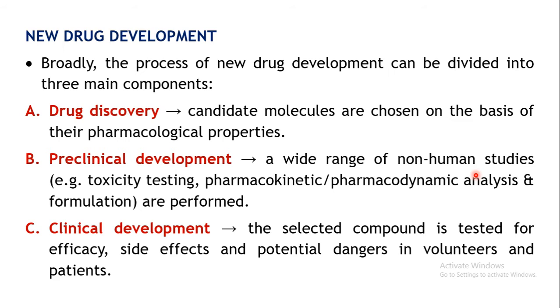That cannot be tried in human beings unless you carry out some preliminary testing. So you need to be sure whether it is safe for it to be used in human beings. There are a number of non-human studies which are performed at this particular level.